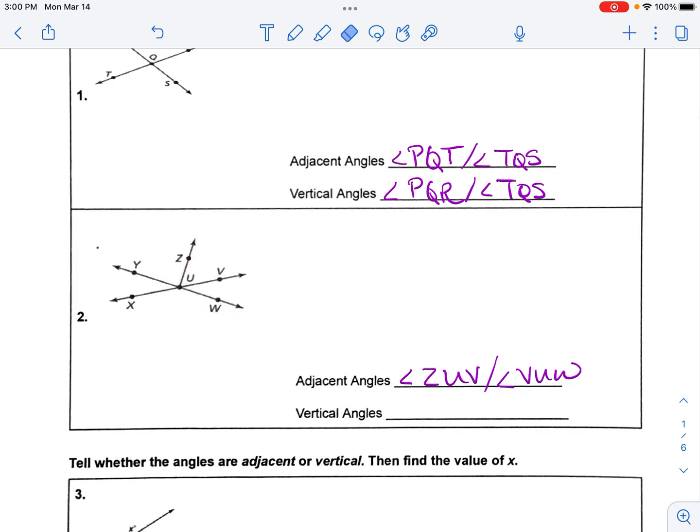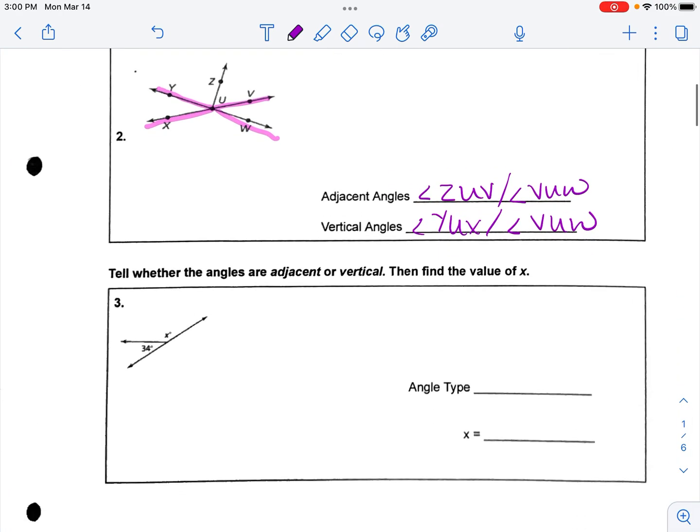And then vertical. YUX and VUW would be vertical. Okay.